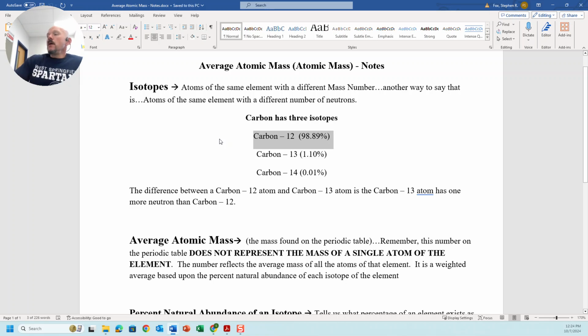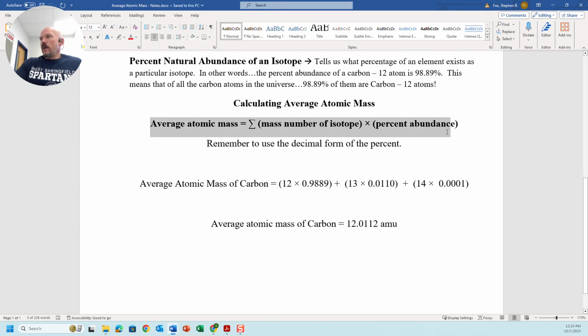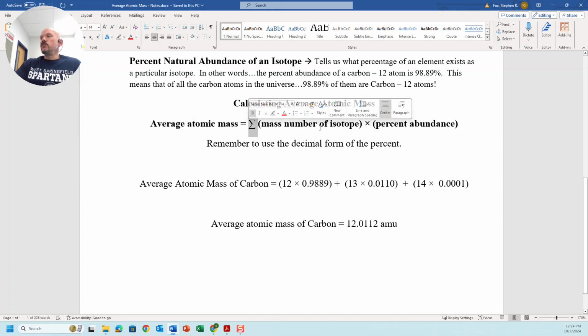So the way average atomic mass is calculated, here is the equation. You take the sum, that's what this symbol represents, the sum of the products of the mass number times their percent abundance. So you do mass number times percent, plus mass number times percent, plus mass number times percent.